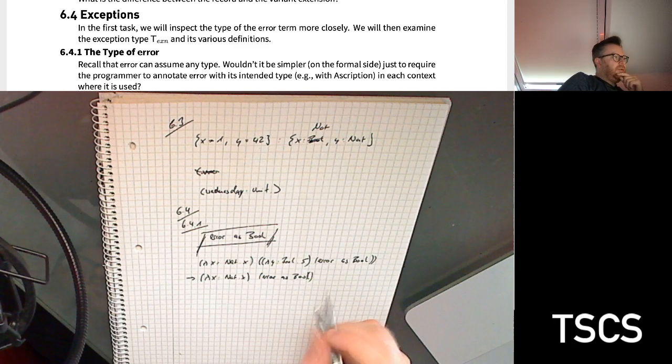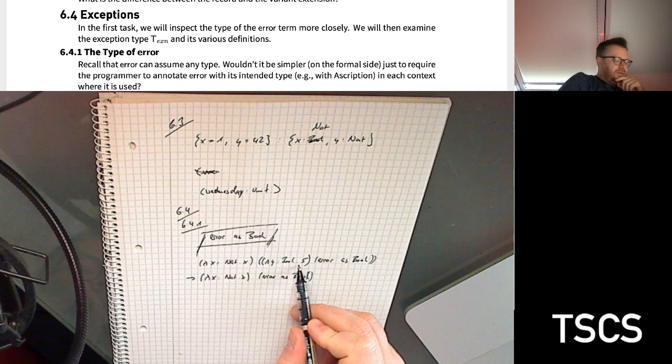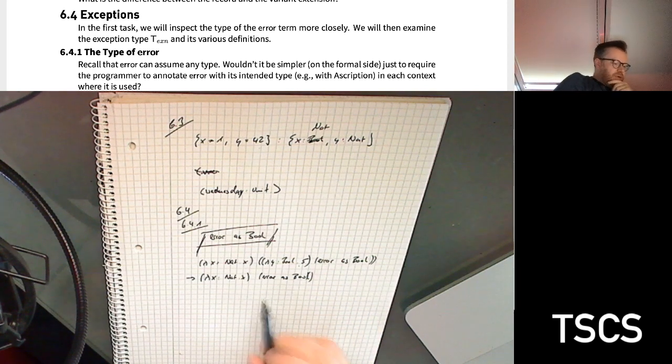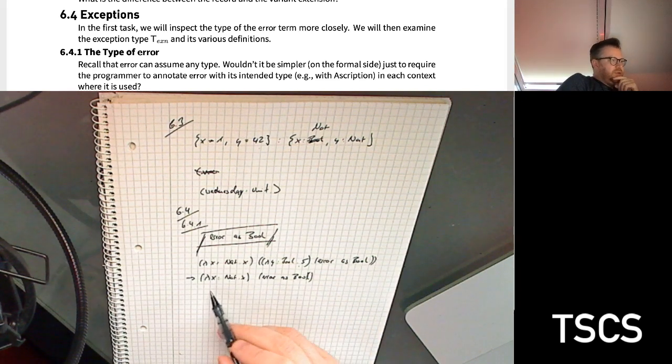And the problem with that is that the return type of this function is natural number, but now, as your evaluation rules go, you would now have an error as bool. You now would have a Boolean. So you cannot apply this argument to this function. You would get stuck.